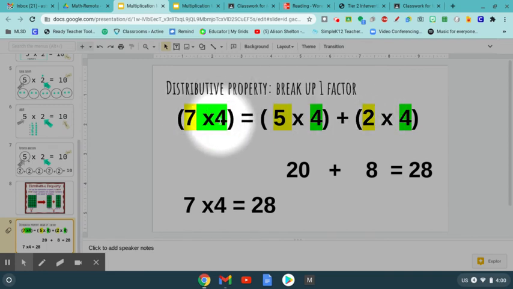So now I have 4 that I kept the same. I did not break the 4 apart, so it's the same. So we have 5 times 4. That gave us 20. Then we have 2 times 4. That gave us 8. Then you have to add those two together to get 28. So 7 times 4 equals 28.